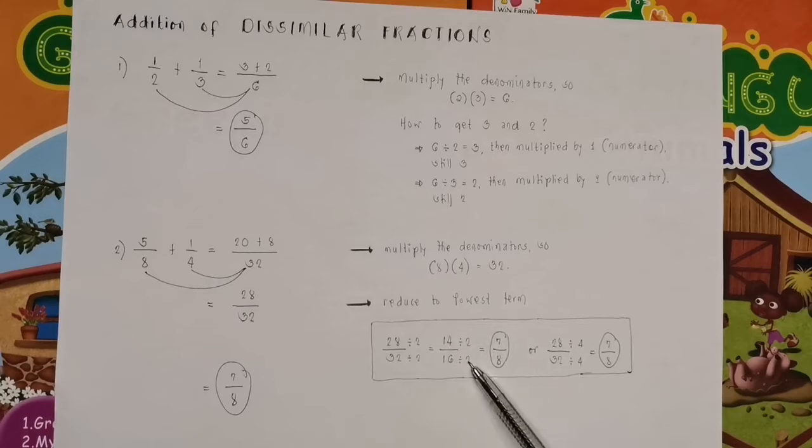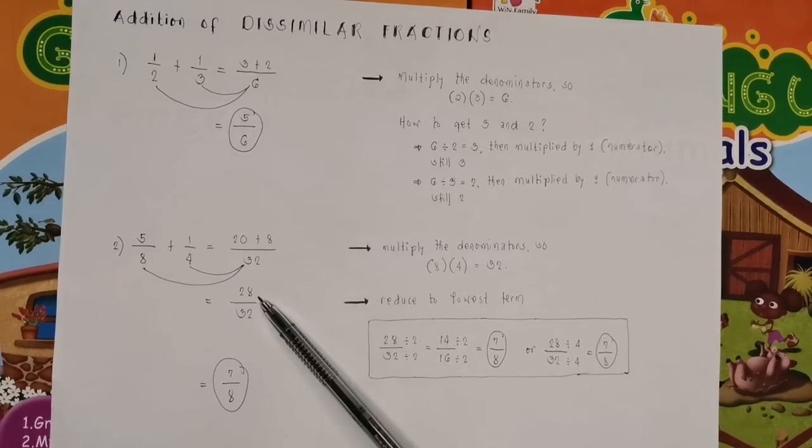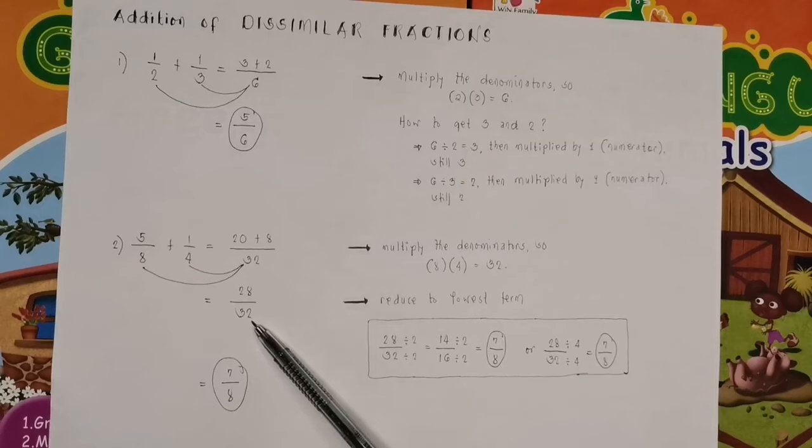And then 16 divided by 2, we have 8. Or simply, 28/32, we can divide the numerator and denominator by 4. So 28 divided by 4, that is 7. And 32 divided by 4, that is 8. Thus, 28/32 is just equal to 7/8.